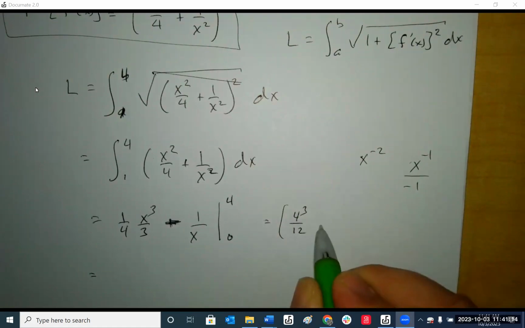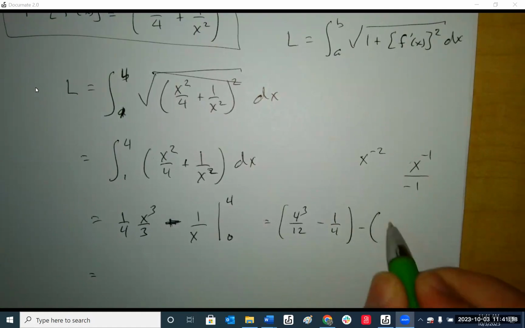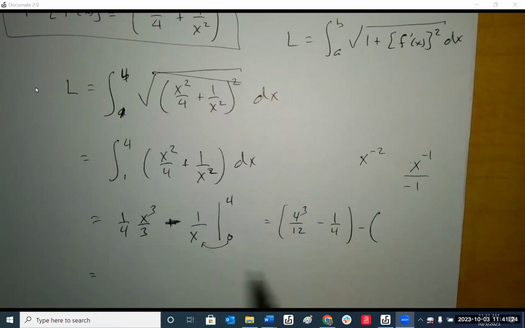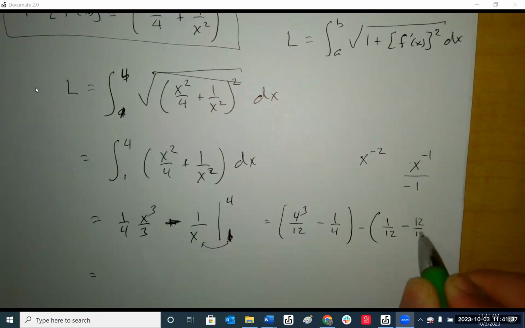So we have x cubed over 12 minus 1 over 4. Oh, it's 1 over 4? Yes, 1 over 4.